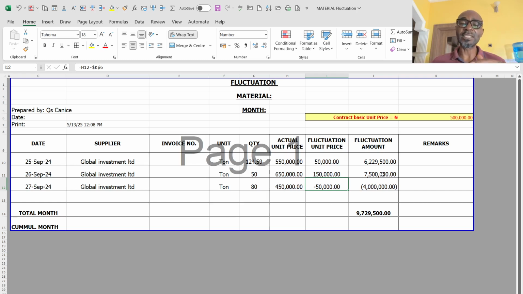So as you can see, a simple table: the dates of supply, the supplier's name, the invoice numbers, the units, the quantity, the actual price, the fluctuation unit price, which is the differential between the actual price and the base price. So now you have 9,729,500 to refund to the contractor.